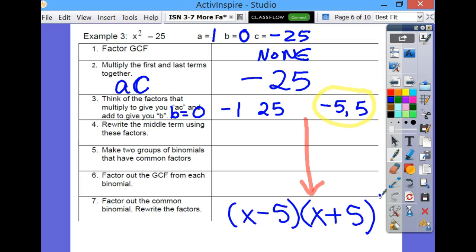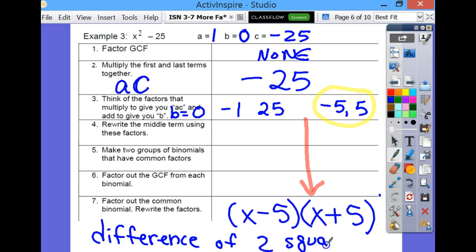Now, this particular pattern not only has that shortcut, it also has another pattern. This is also called the difference of two squares, because 1 is a perfect square number. A perfect square number is a number that when you take the square root, the answer is a whole number.